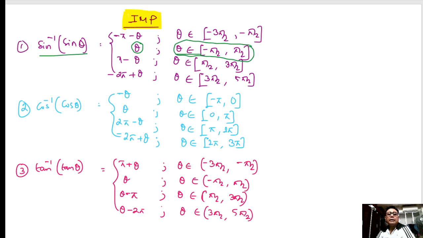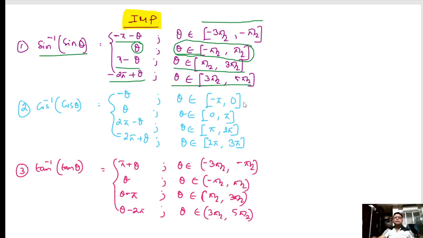In the other cases it should become pi minus theta if theta lies between this, and minus 2 pi plus theta if theta lies between this.